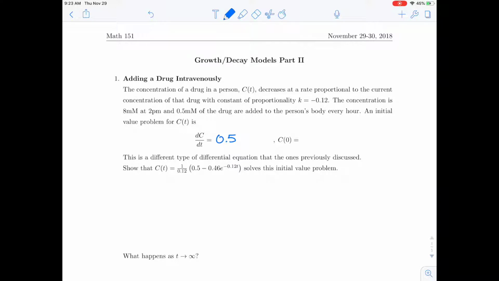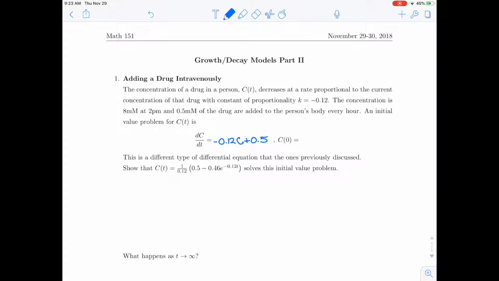But because the drug is being absorbed, we are going to say that dC/dt is equal to negative 0.12 C, and then add to that the 0.5 constant rate of increase of the drug in the person's body.